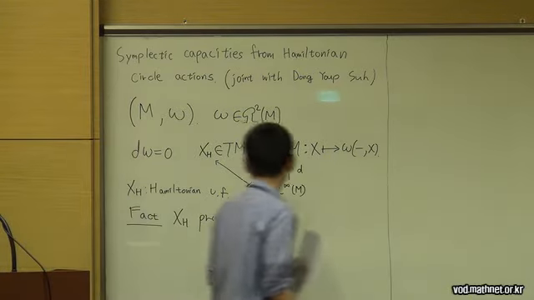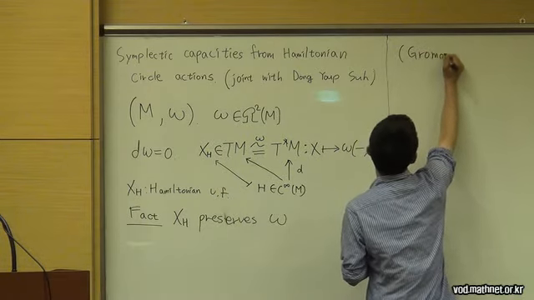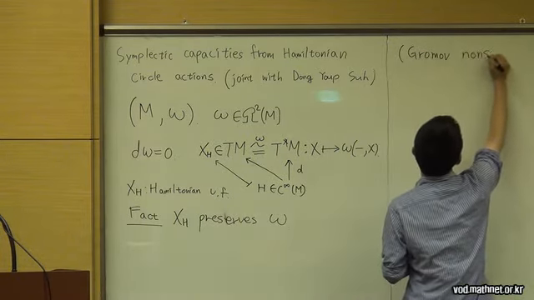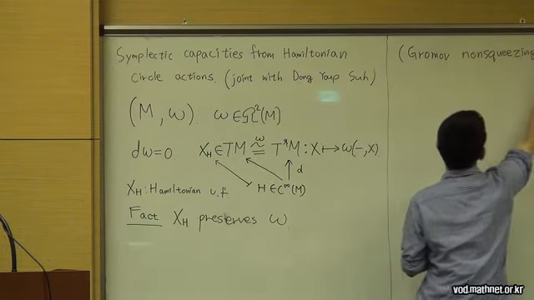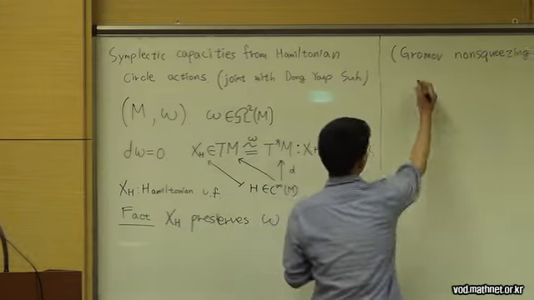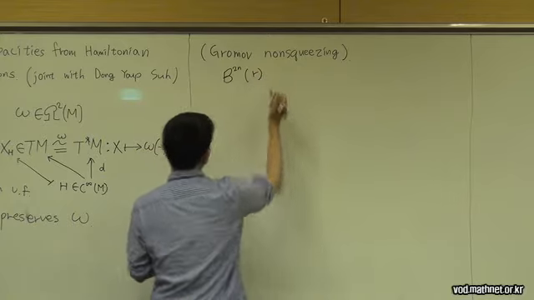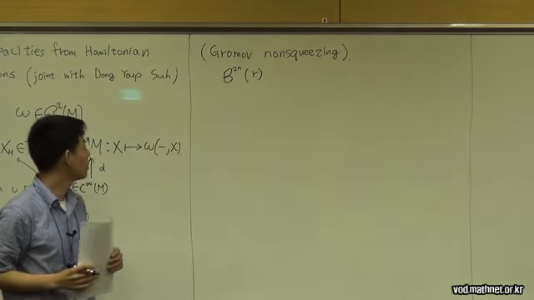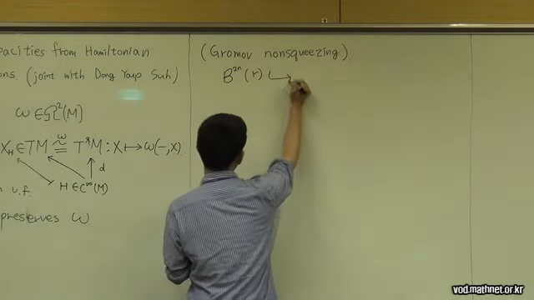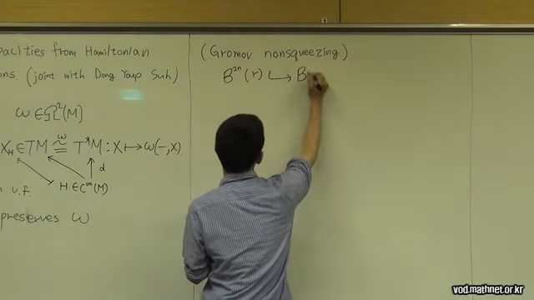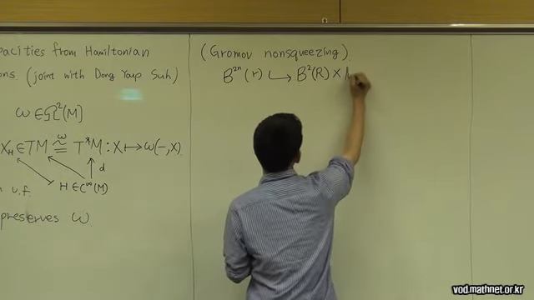This is called the Gromov non-squeezing theorem. Consider a 2n-dimensional ball of radius r, and we want to embed this into a product of a disk and Euclidean space.